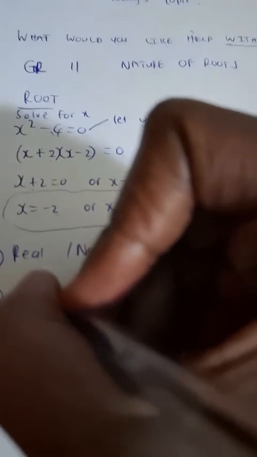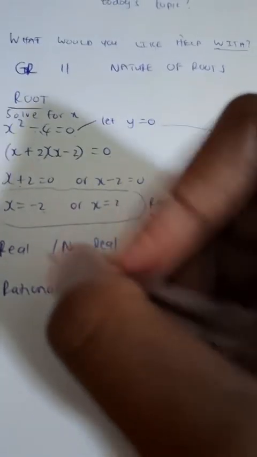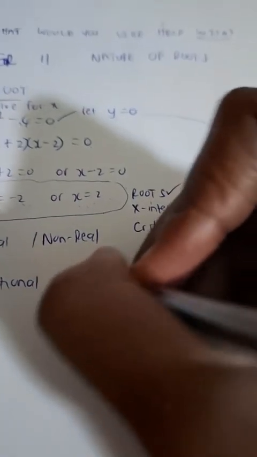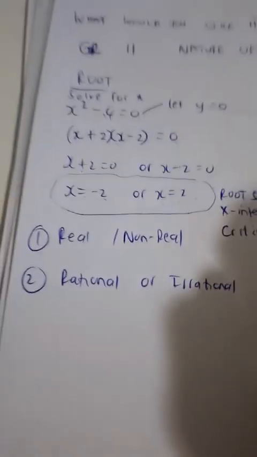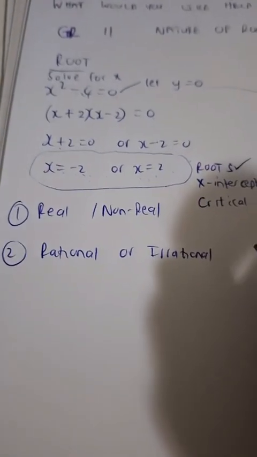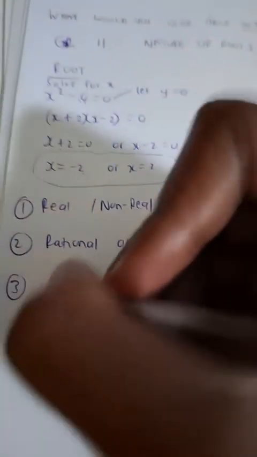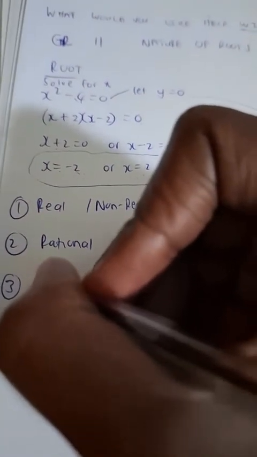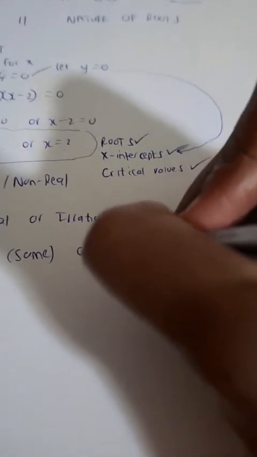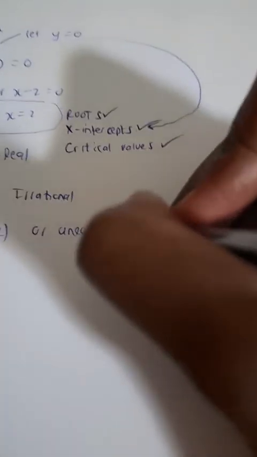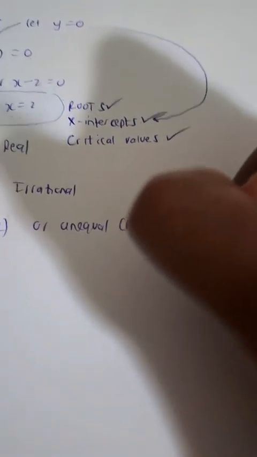Two, you need to also comment on whether those roots are rational or irrational. And three, you need to comment as to whether these roots are equal. In other words, are they the same or unequal? In other words, are they not the same?